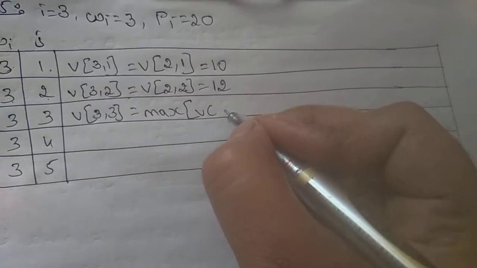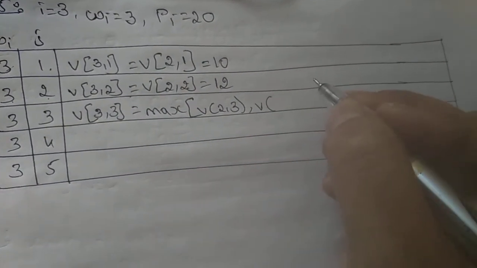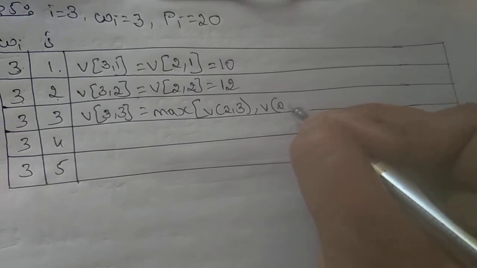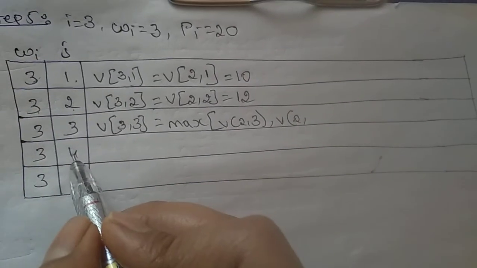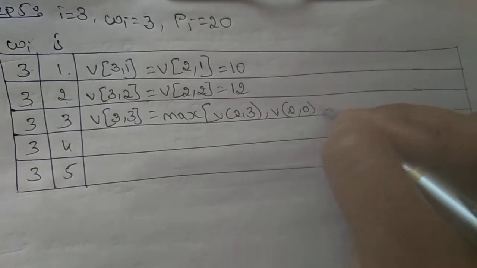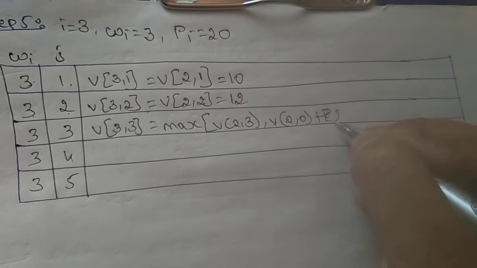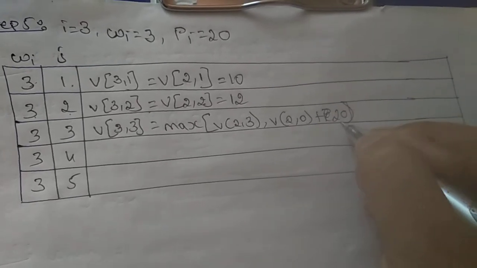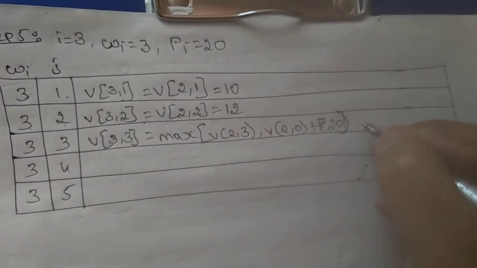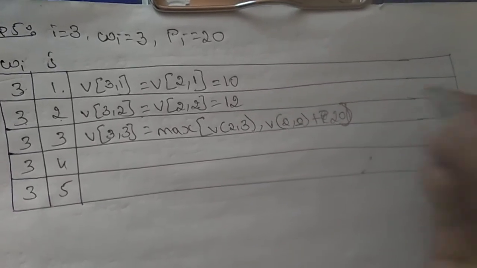I minus 1 means 2. J value is 3. Then v of i minus 1 comma j minus wi. J minus wi means 3 minus 3 is equal to 0 plus profit. What is profit? It is 20. So this entire thing will become 0.